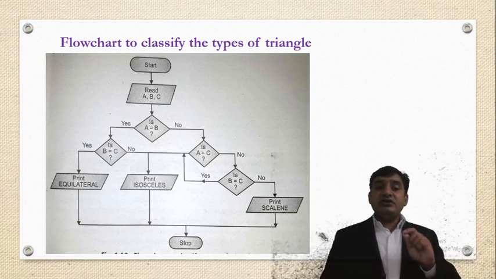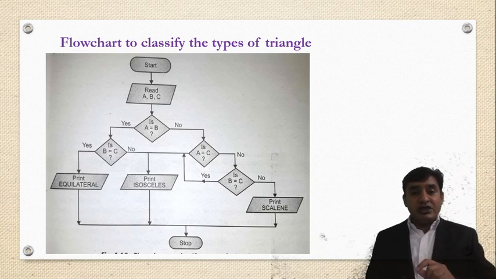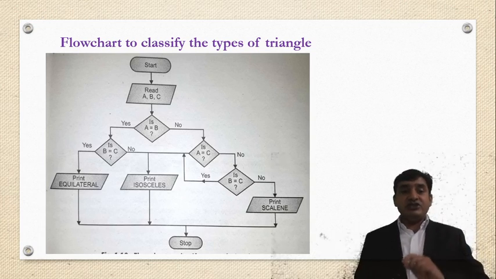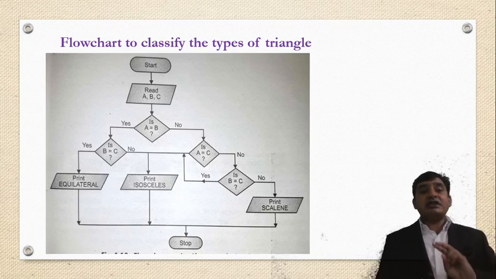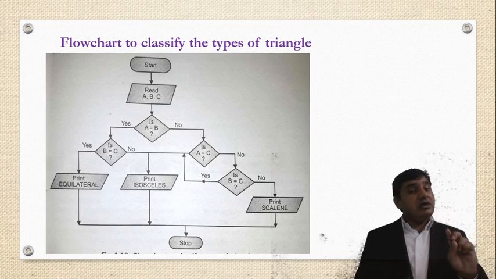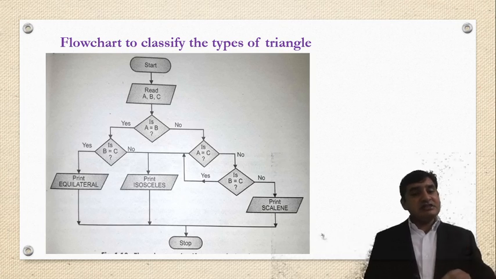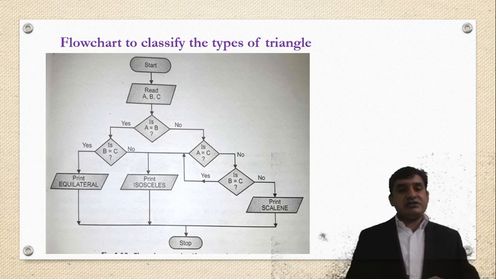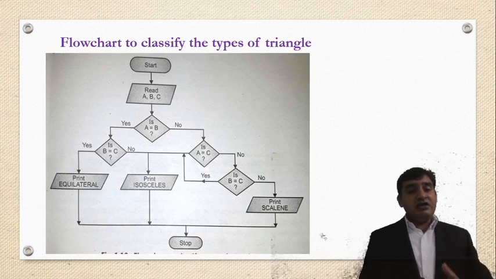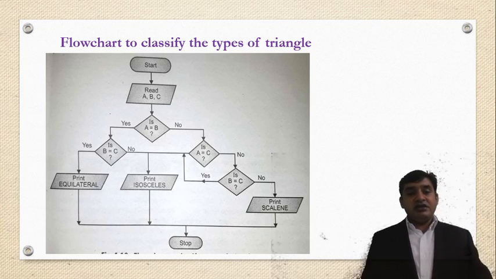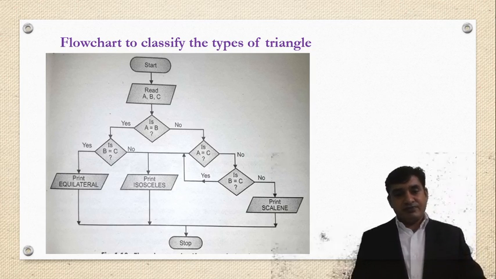That is, A is equal to B and A is equal to C; these 2 sides are the same, and B is not equal to C. Then print the triangle is isosceles.